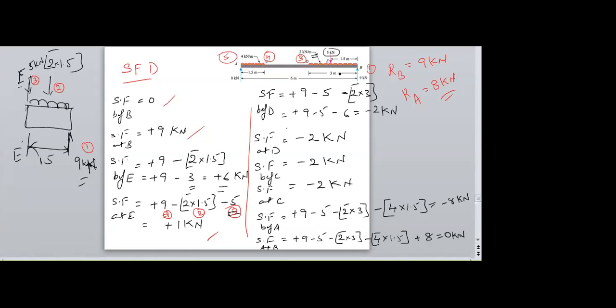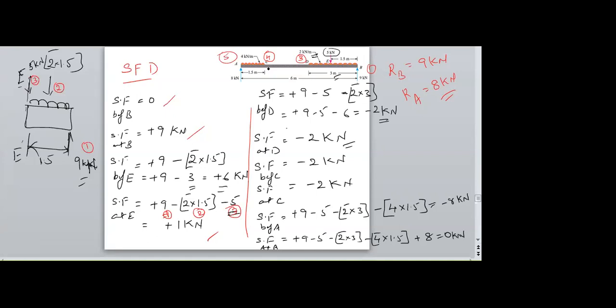So I am getting a minus 2 kilonewton as the value at D. Same, because there is no point load at D, therefore the same value will exist.